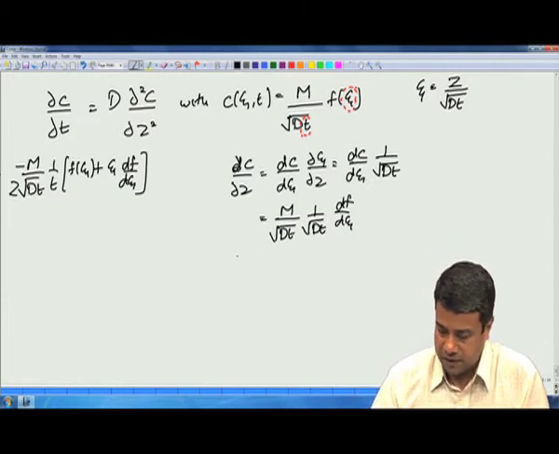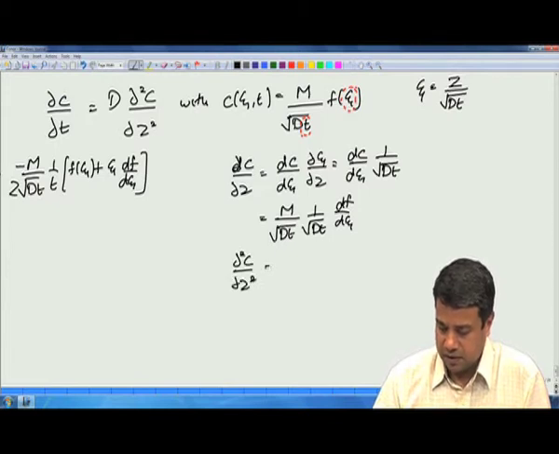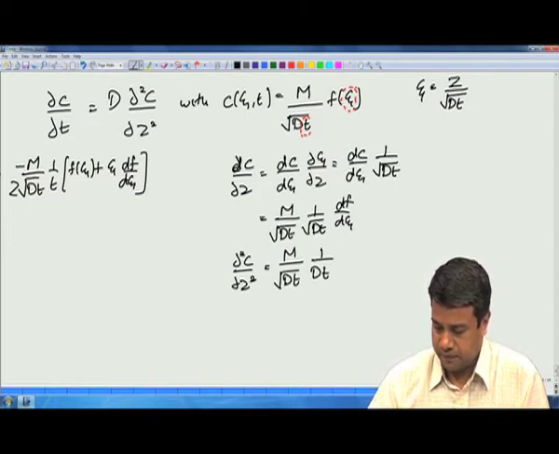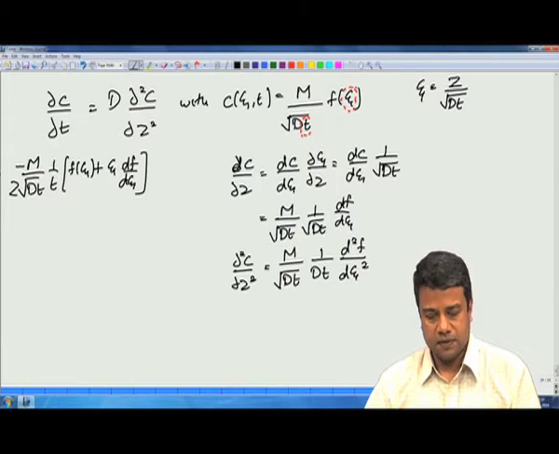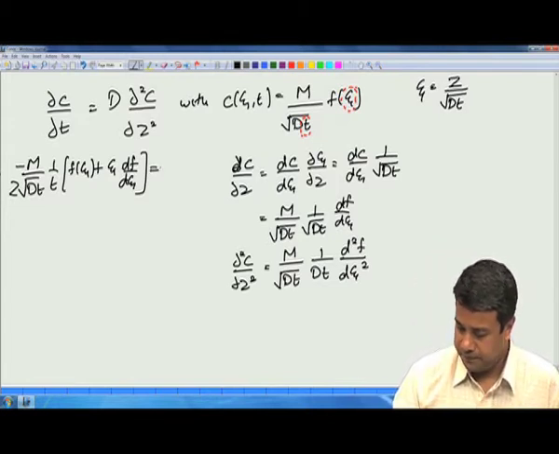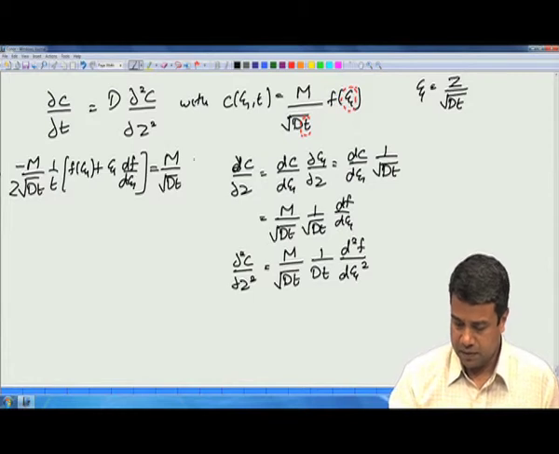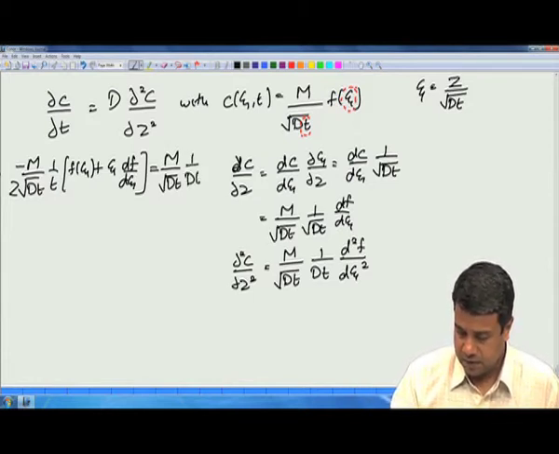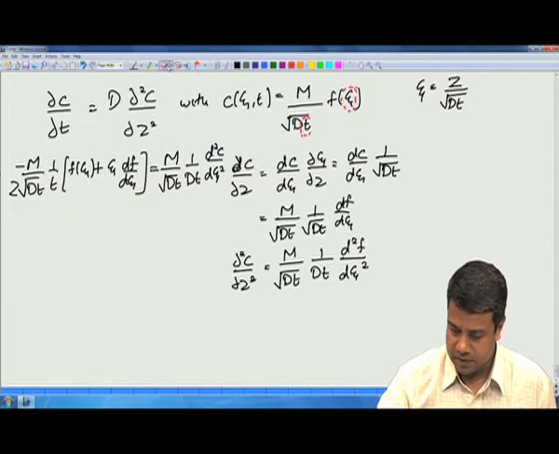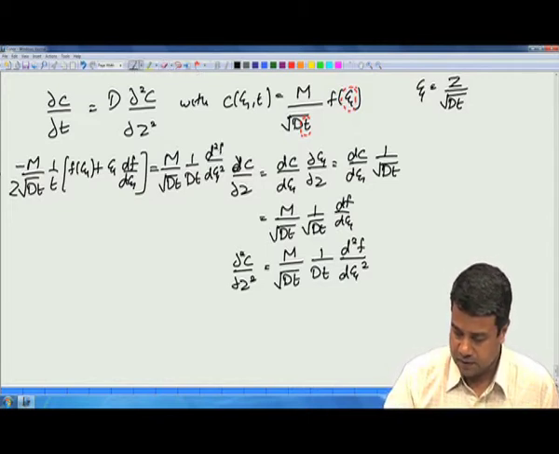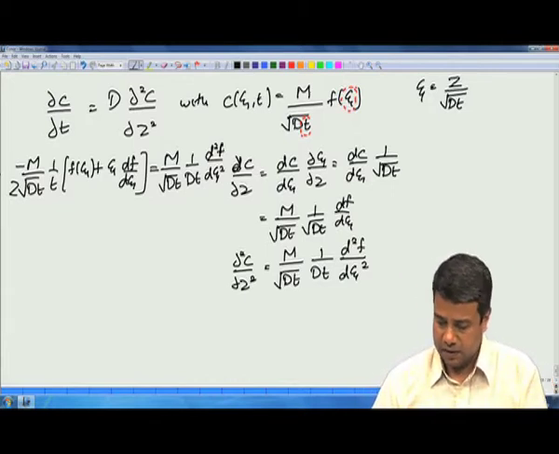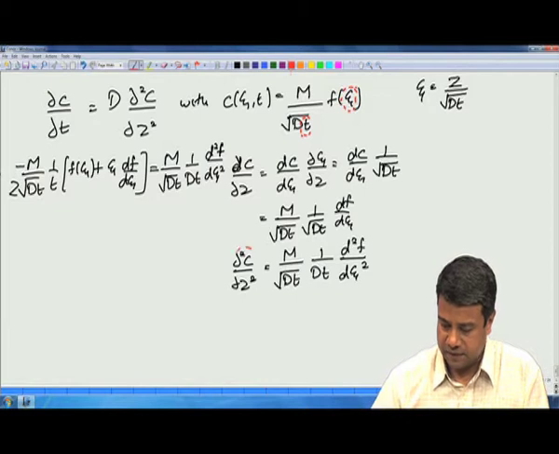So, partial square c by partial z square is equal to, my apologies, it should be f here, m by root Dt times 1 by Dt times d square f by d psi square. That is the second derivative here.